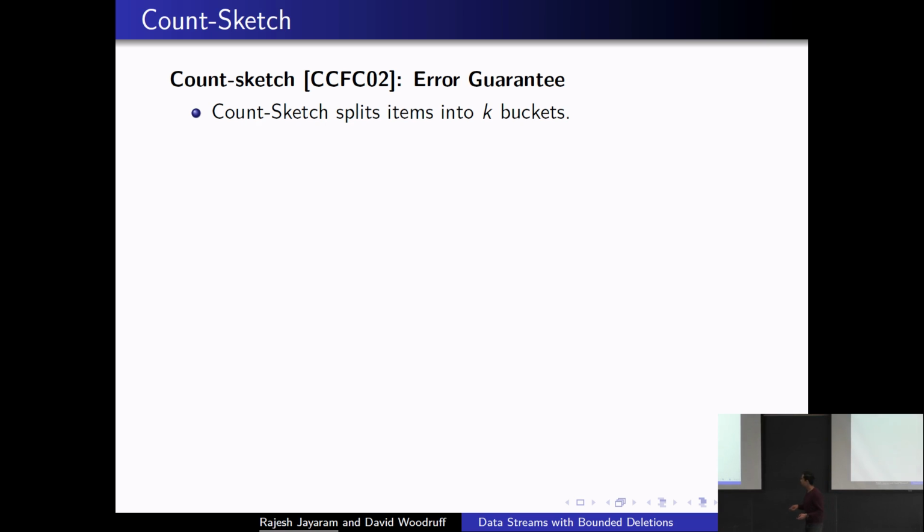So what you're going to end up with in a bucket, say a_ij is one bucket, and suppose that fk went into this bucket, and I want to estimate fk. Well, I'm going to multiply this by g of k. This is the random sign that k gets in this bucket. So the random sign is going to cancel.